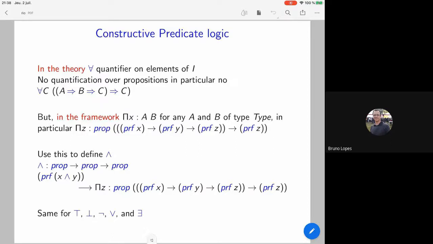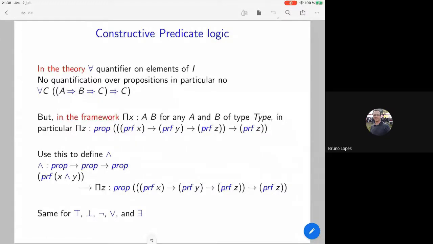But using the rewrite rules, we can decide to make it so. That is, we can use this external quantification over propositions to define the conjunction in this way. We first define a symbol, a constant, of type prop, arrow prop, arrow prop.